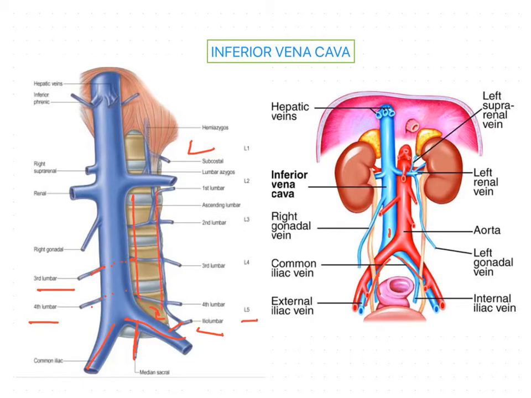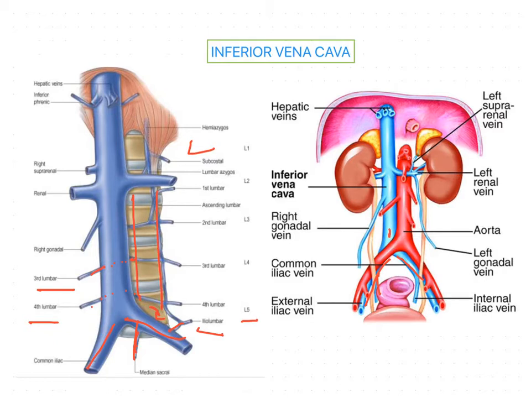Definitely the aorta is present here, so the third and fourth lumbar veins cross behind the aorta to reach the vena cava.